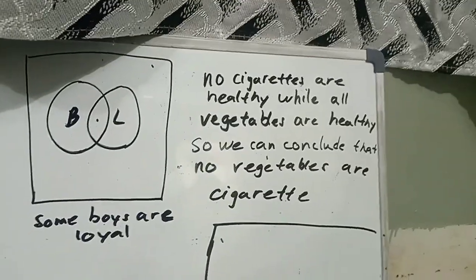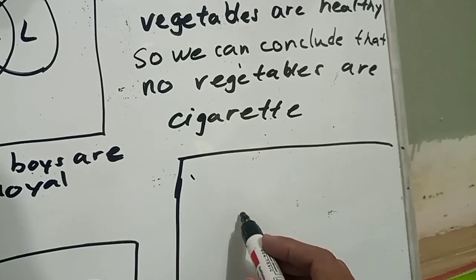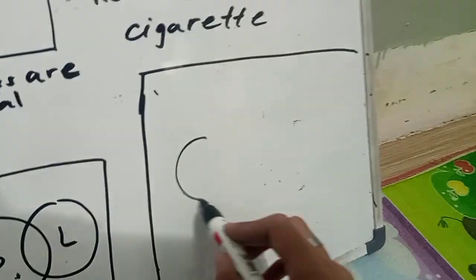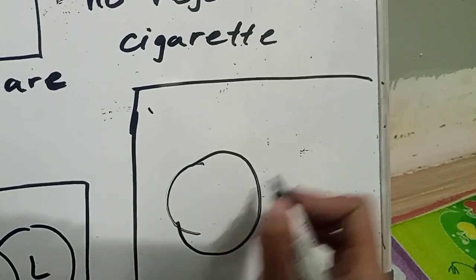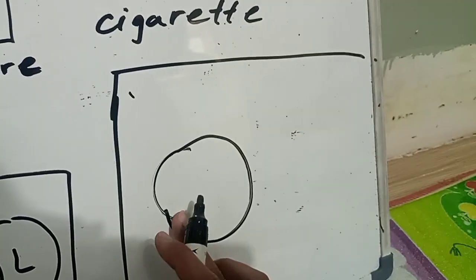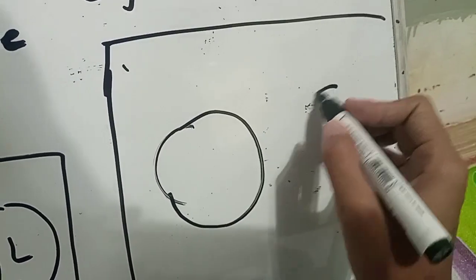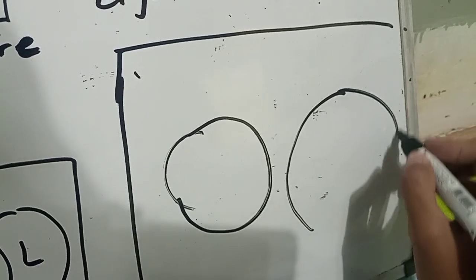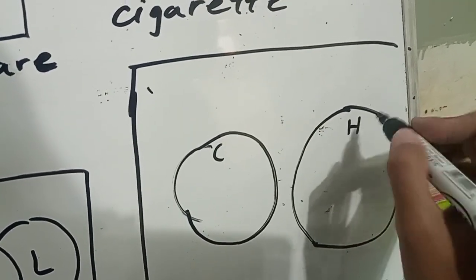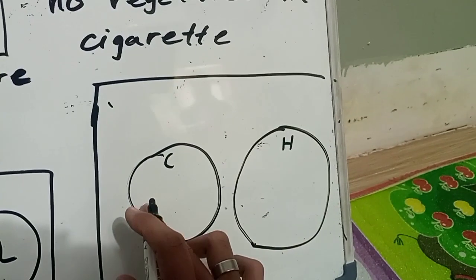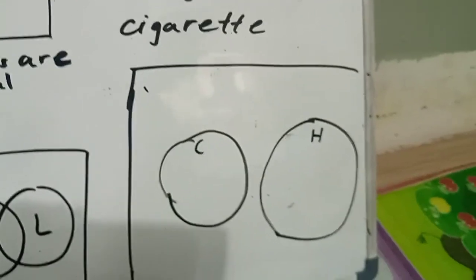So no cigarettes are healthy. That means they are not connected, because there is the word no. For example, this is cigarette and this is healthy. We can say that no cigarettes are healthy since they are not connected.